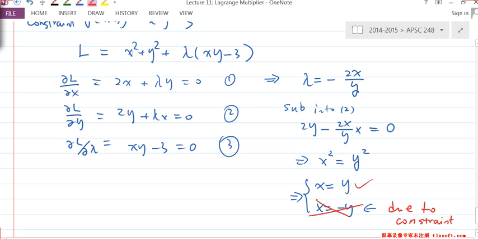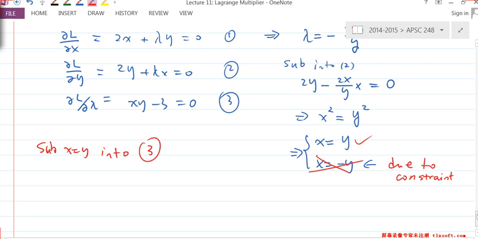Okay? If this is the possible one here, then we have x equal to y here. So sub x equal to y into where? Into equation 3. Okay, so we end up with x squared minus 3 equal to 0. So x equal to positive and negative root 3.